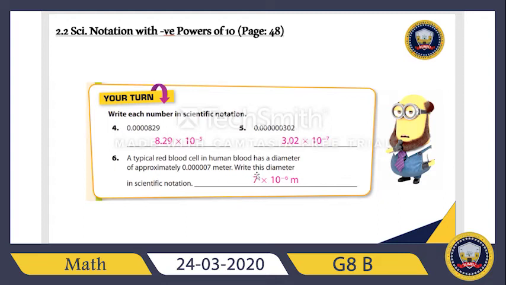Is 7 between 1 and 10? Yes, correct. Now 7 times 10 to the power of minus, because I moved my decimal point to the right. How many places? 6 places, so my power will be minus 6. So the red blood cell has a diameter of 7 times 10 to the power of minus 6 meter.